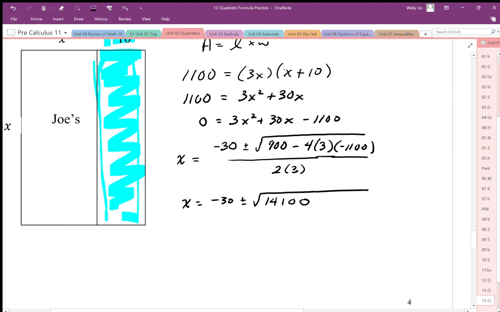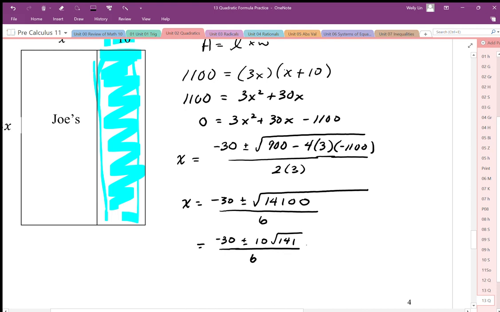Okay, so just double checking that. 12 times 4 times 3 times negative 1100. That's going to give me plus 13,200. Okay, so that's going to be equal to 6. So the x value works out to be negative 30 plus minus 10 root 141. This is not a perfect square, so that wouldn't have been able to be factored anyways.